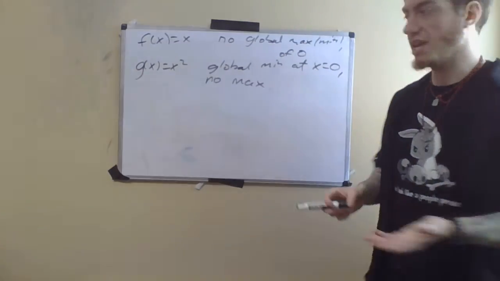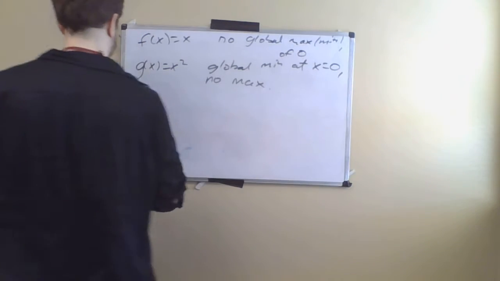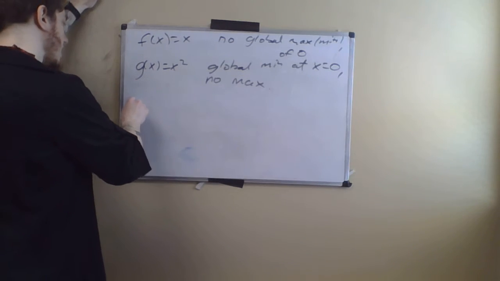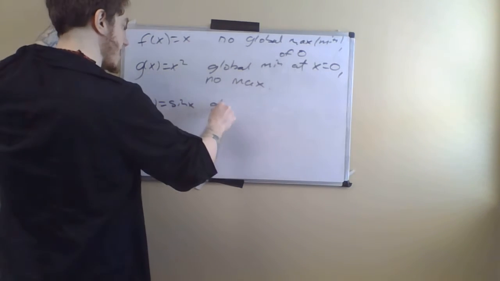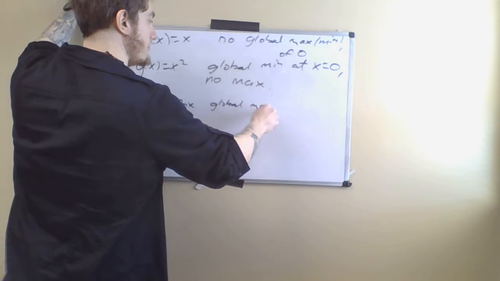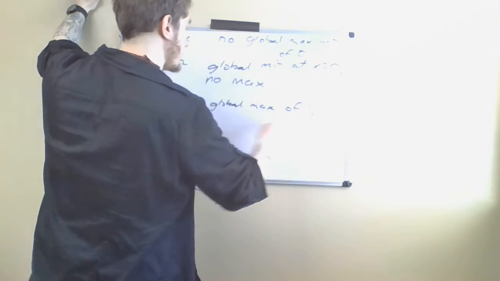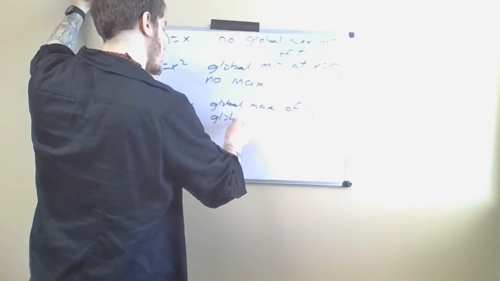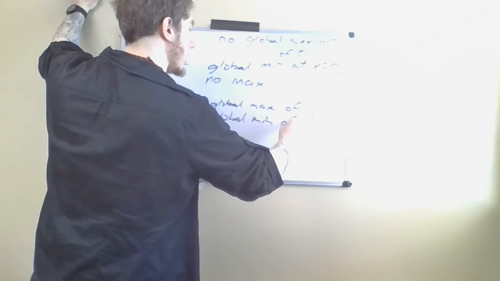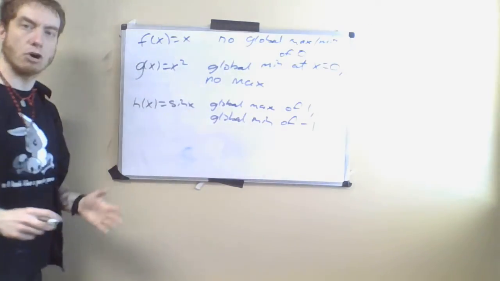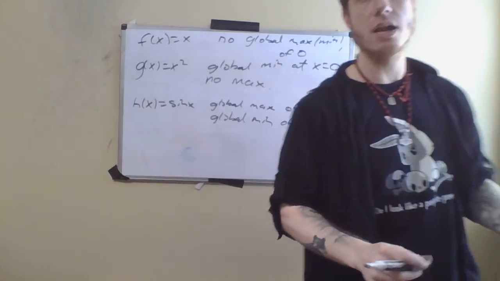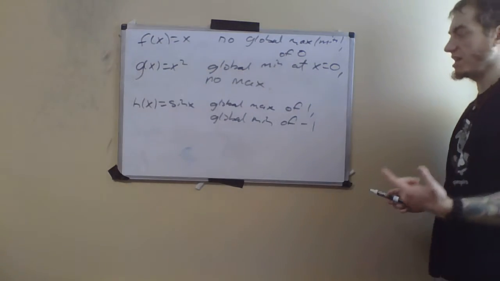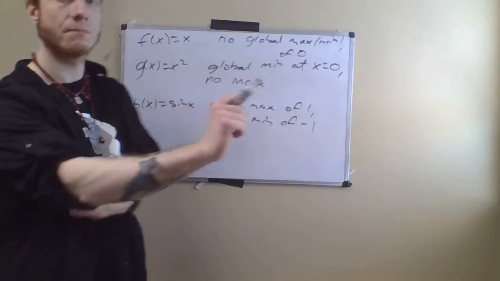And of course, we can think of examples that do in fact have both. For instance, h of x equals sine x. Well, this has a global maximum of 1 and a global minimum of negative 1. So the largest value that sine x takes on is going to be positive 1. The smallest value that it takes is negative 1.